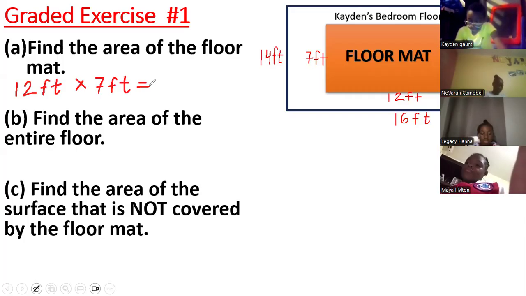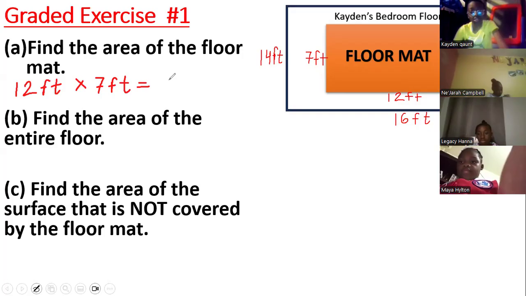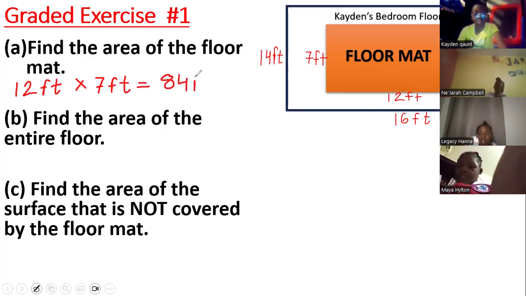So 12 feet multiplied by 7 feet is 84 feet. Very good. 84 feet what? Squared. 84 feet squared.